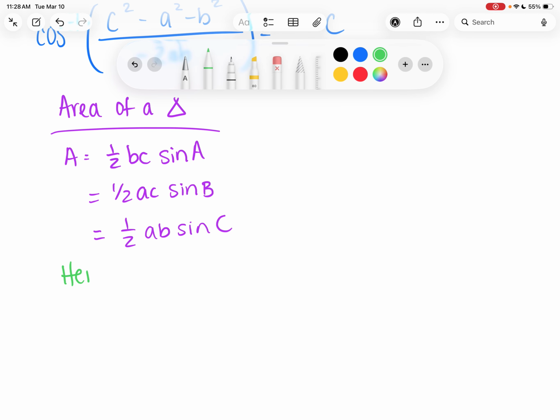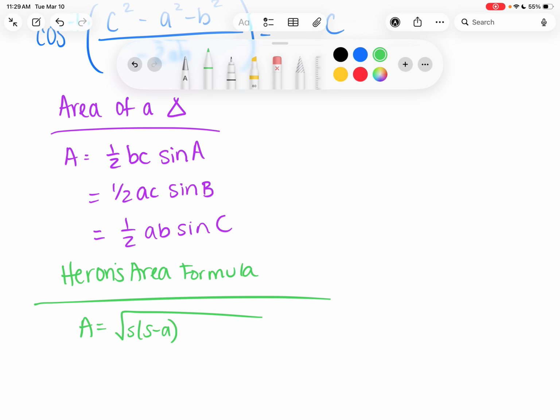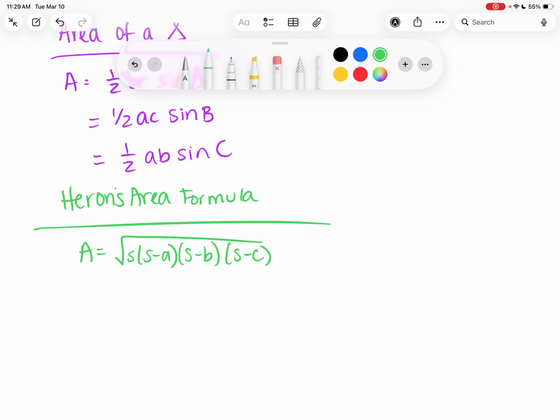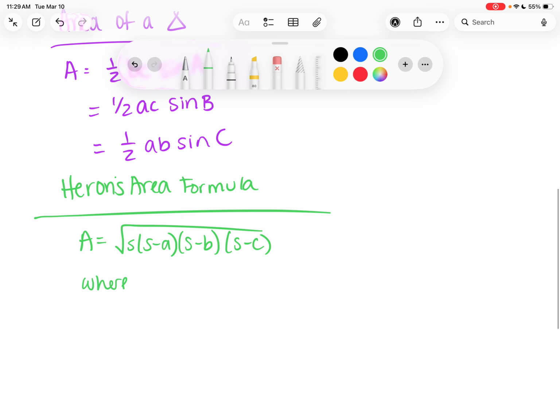So then the other one that goes with side, side, side is Heron's area formula. And so A is the square root of S times S minus A times S minus B times S minus C, where S is equal to 1/2 A plus B plus C. S is technically the semi-perimeter or like half perimeter of the triangle.